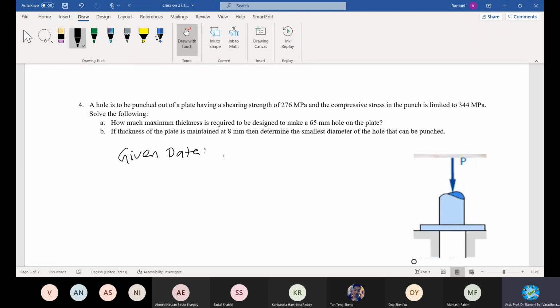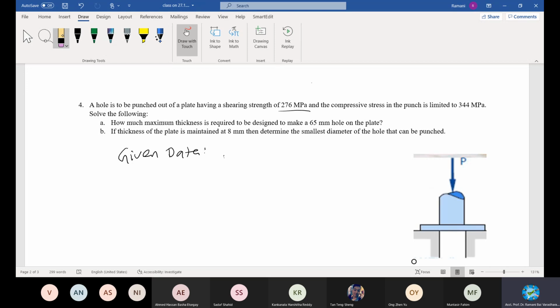Shearing strength is already given, the stress is given to you, 276 megapascal or 276 meganewton over meter square, or 10 power 6 also fine, or just say megapascal. It can also be written as 276 into 10 power 6 pascals, or Newton per meter square, also fine. Any type you can write down.